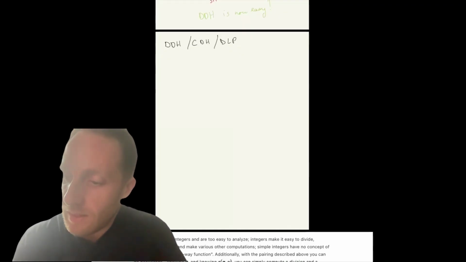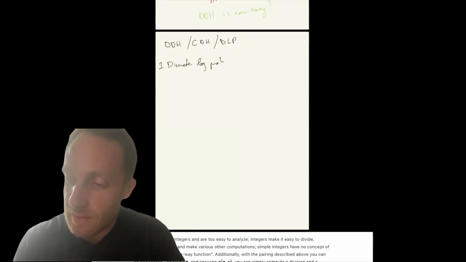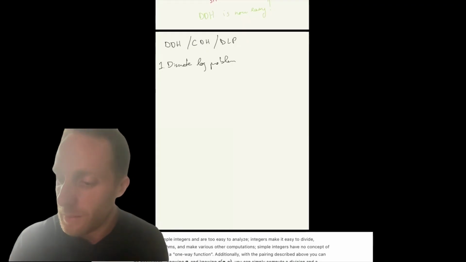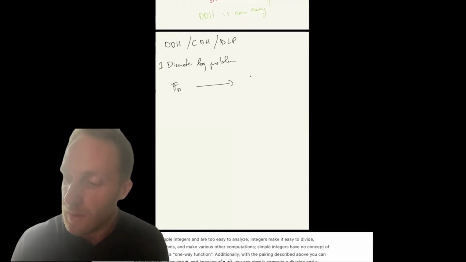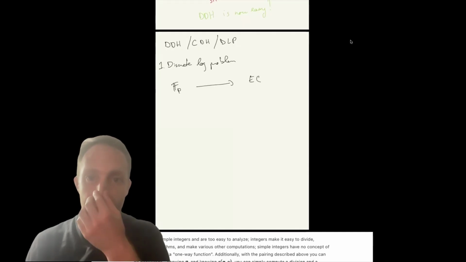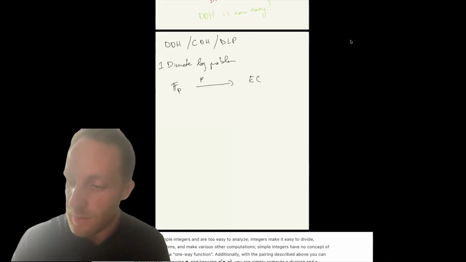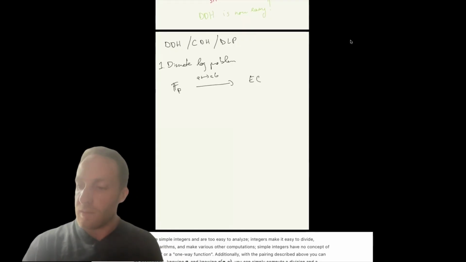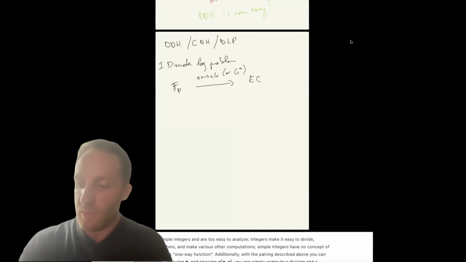First, the discrete log problem. If you have an element a, you map it to aG, or g to the a, depending on how you represent the elliptic curve.